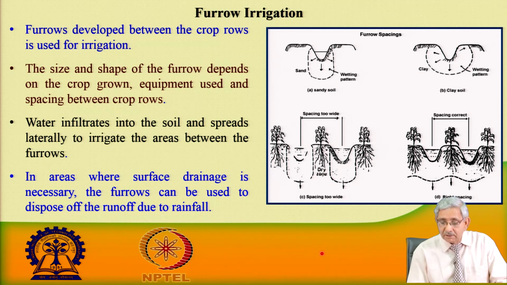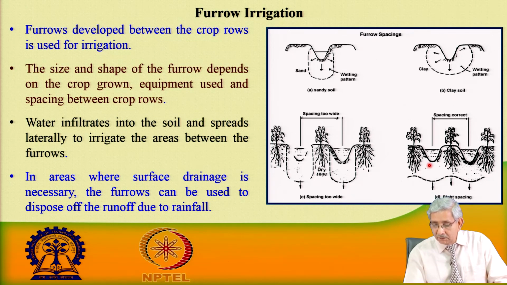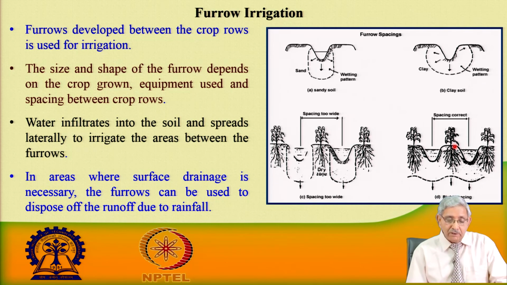So, it is not advisable to use wider spacing in case of sandy soil, whereas in clay soil, the water movement in the horizontal as well as lateral direction takes place. So, the plant on this ridge is getting adequate quantity of water.